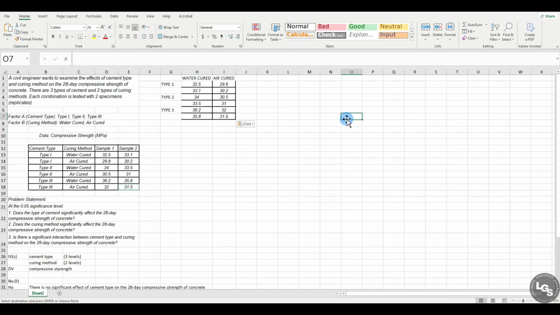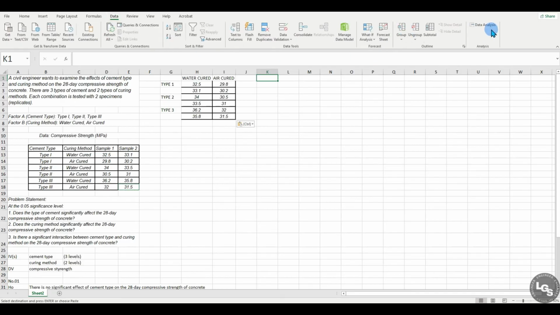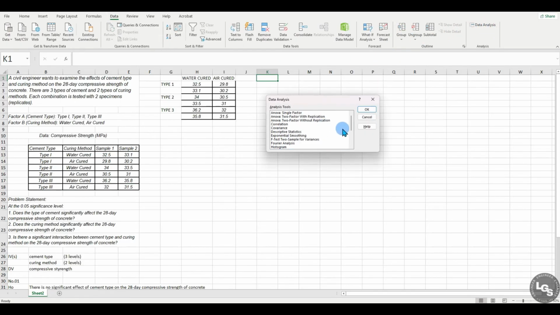Next, after we have organized the data in this manner, we can perform the ANOVA two-way test. So let's go to data, then data analysis. So here we have ANOVA single factor, so we do not need that. ANOVA two-factor with replication, then ANOVA two-factor without replication. So we have two choices.